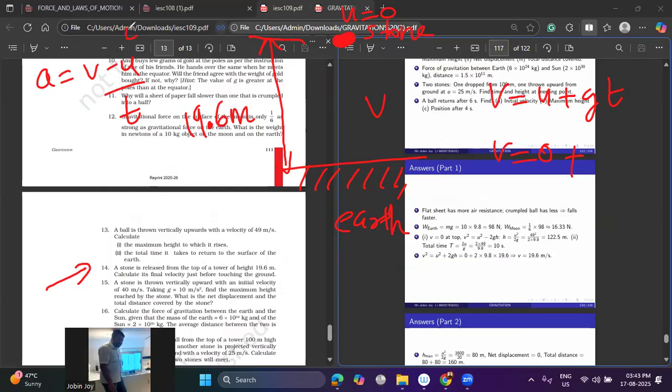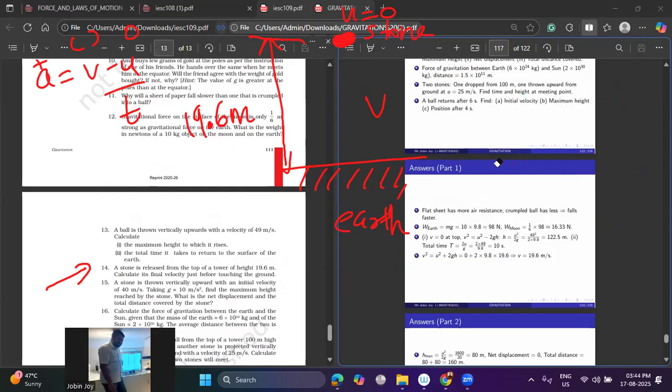Here initial velocity is 0. We have a velocity. That means the sign of the acceleration due to gravity is plus. So this will be plus 9.8 into time. What is time? No, you can't use this equation because there is no time here.